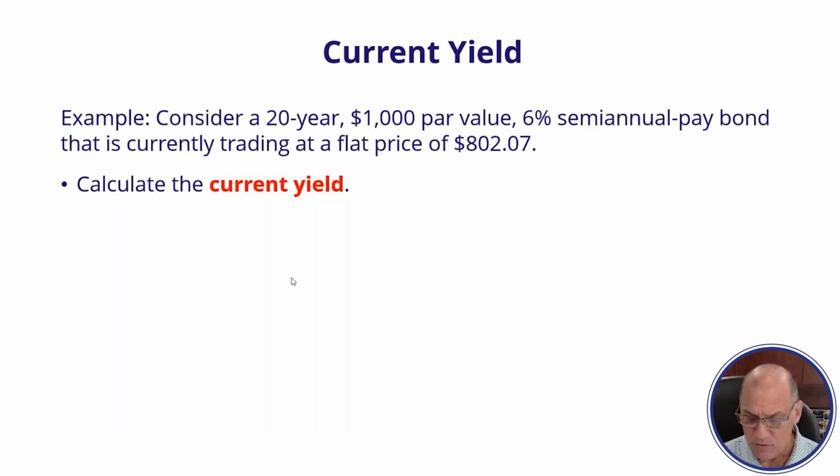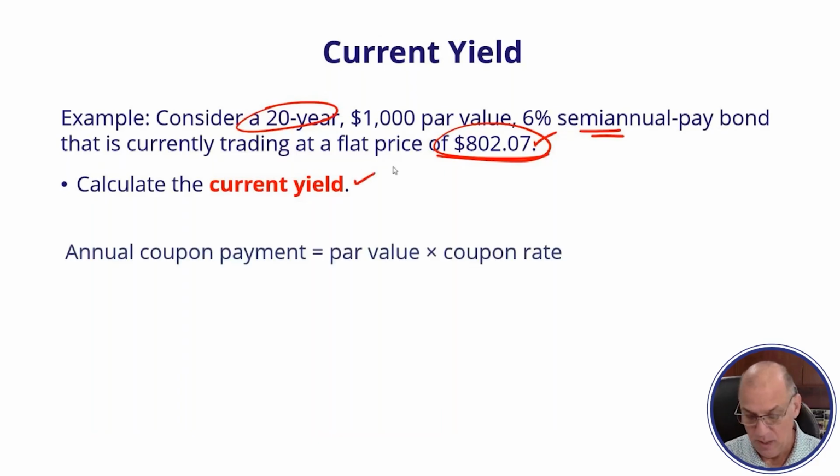So here, we have a simple example. We've got a 20-year, $1,000 par value, 6% semi-annual pay bond that's currently trading at a flat price of 802.07. So you can see we're going to be using that 802 in our calculation. And then we want to simply calculate our current yield. Once again, our annual coupon payment is going to be our par value times our coupon rate.